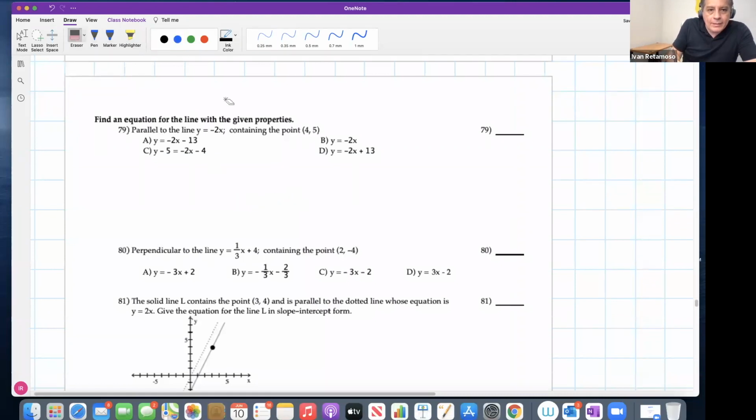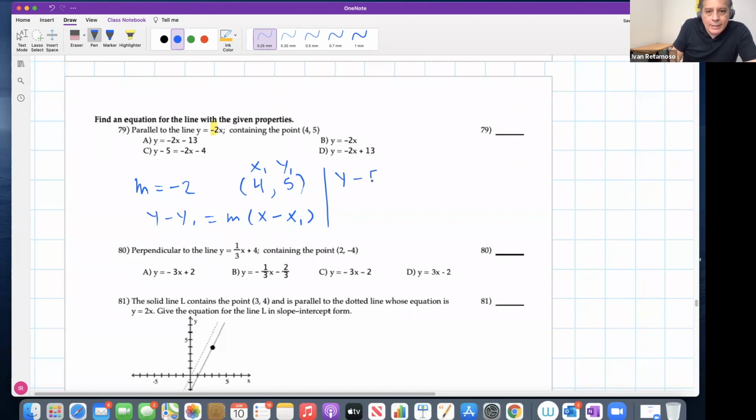Yeah, for parallel lines, remember you pay attention to the slope, -2 here. And since you are dealing with a parallel line, the slope stays the same, right? And now the point is (4, 5). So with this slope and this point, you go ahead and follow the point-slope form, x1, y1. And that should give you the answer, right?